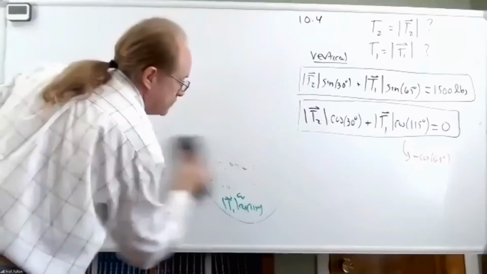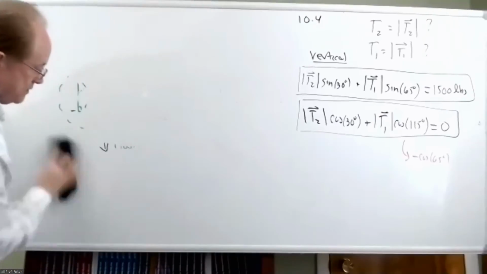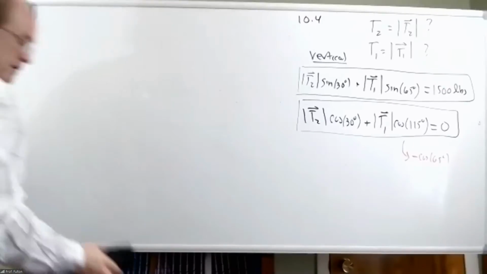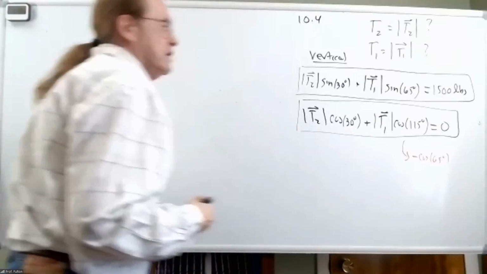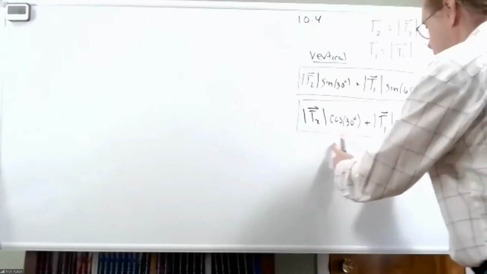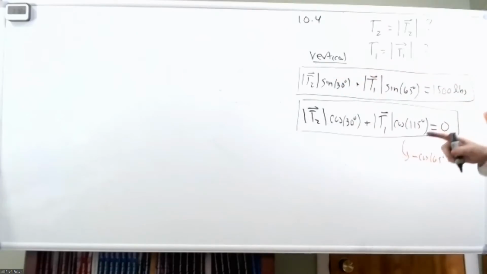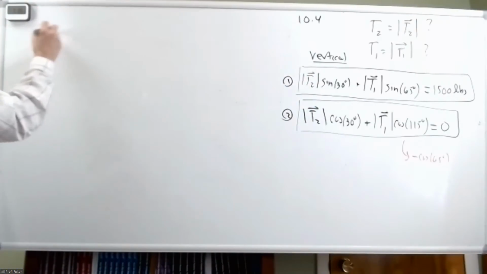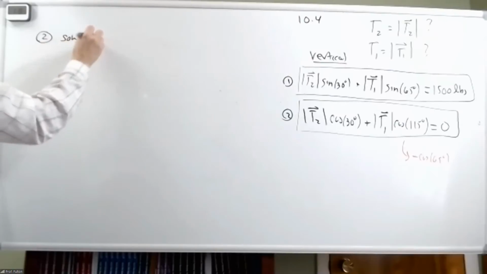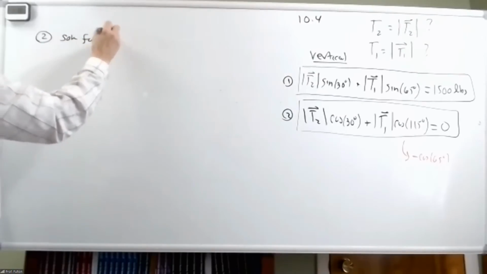Now we just go through and solve the system. I can solve one equation for, say, T1 and substitute it into the other one. Taking this as equation 1 and that as equation 2, I take equation 2 and solve for T sub 1.